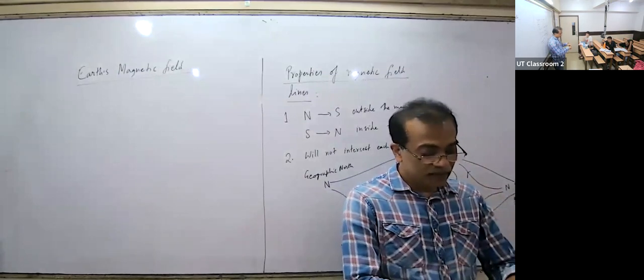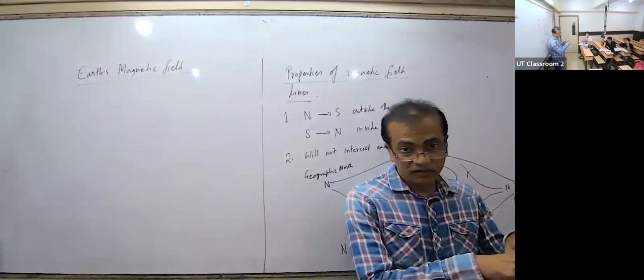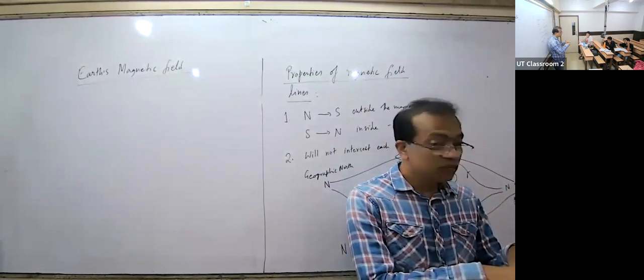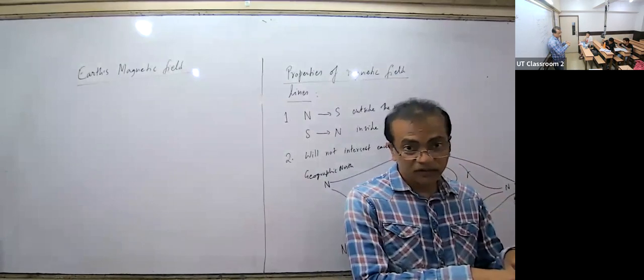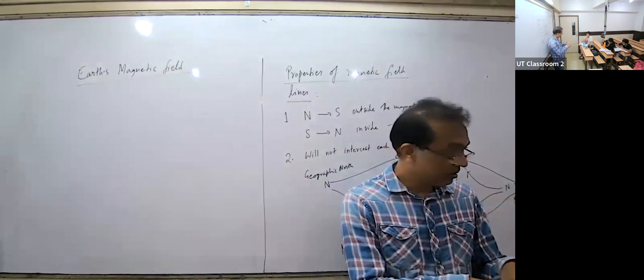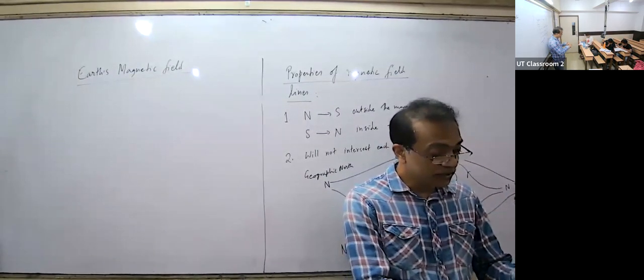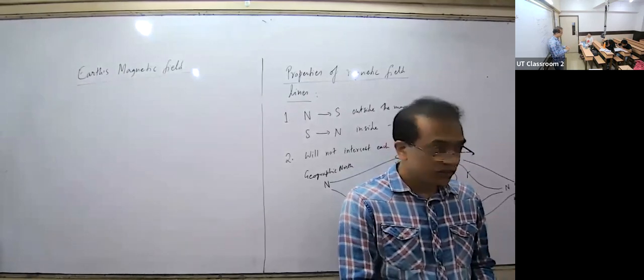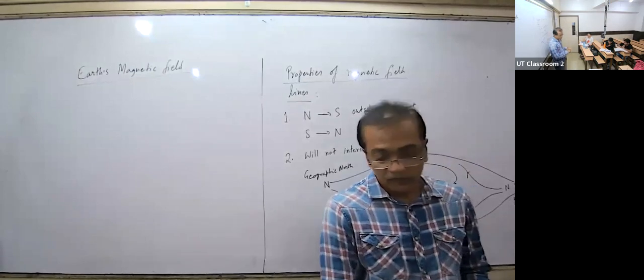When the lines intersect, it will have two tangents. That's not allowed. Since it is a vector field, it should have a well-defined direction, so it cannot have two directions at a point. If we allow the lines to intersect, then the direction could be here also, here also. That's why it is not allowed to intersect. It will have a unique direction.